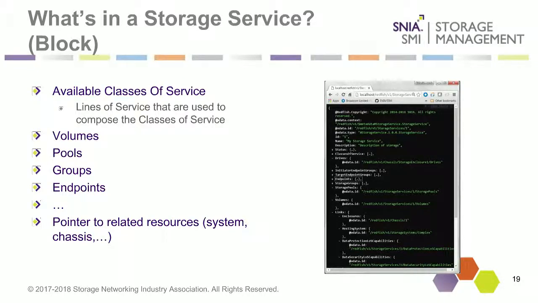So the information is being aggregated together and presented to me as collections of objects in these various subclasses. And then obviously pointers to related resources. These are the non-hierarchical bits. These are the bits that point off to other related pieces. So those related resources might actually be the physical storage entities that provide these resources at a logical view level.